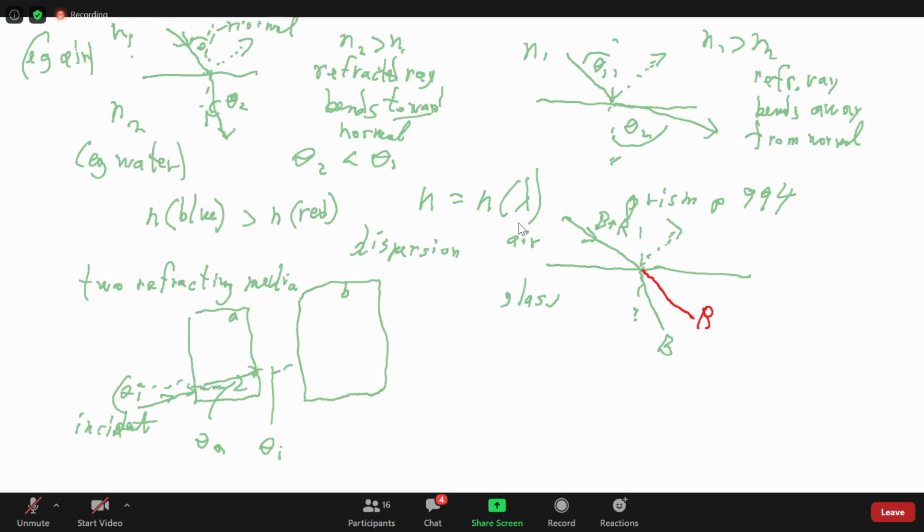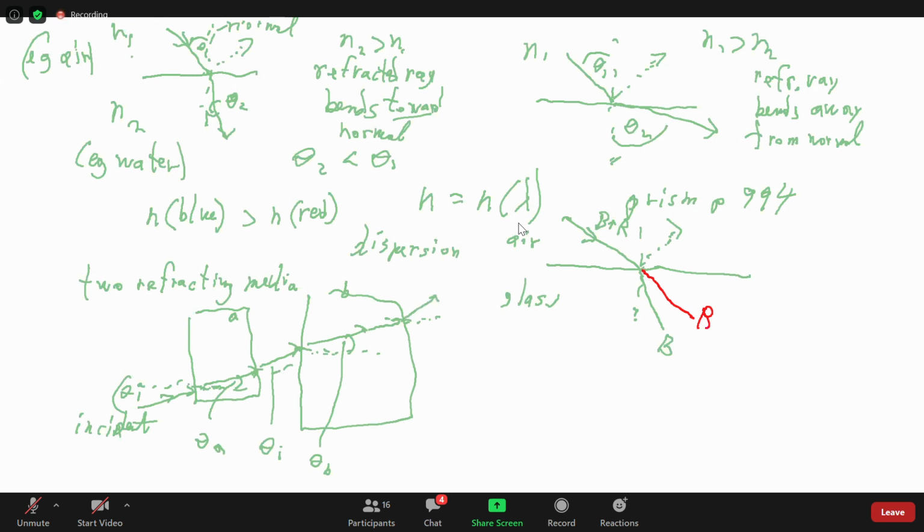Now we enter the second medium. Okay, and it's going to get refracted with an angle theta B. And it's going to emerge. Everywhere we have an interface, we have to draw a normal.